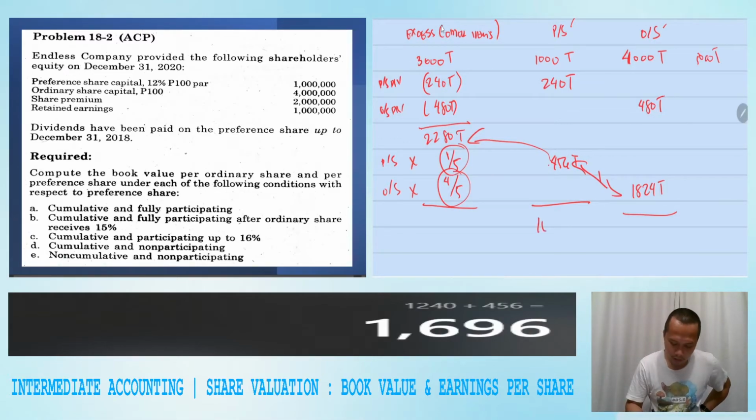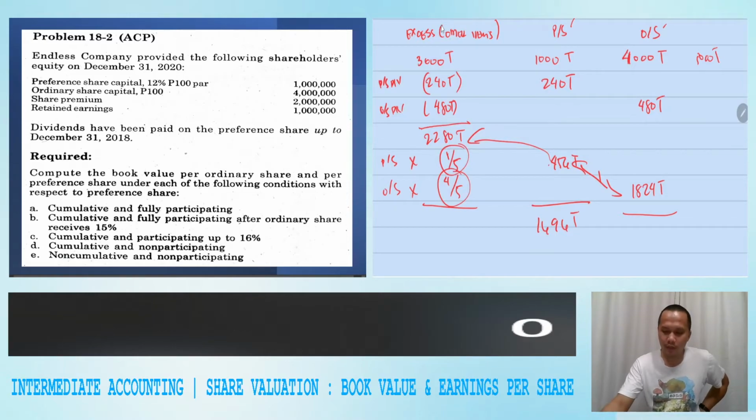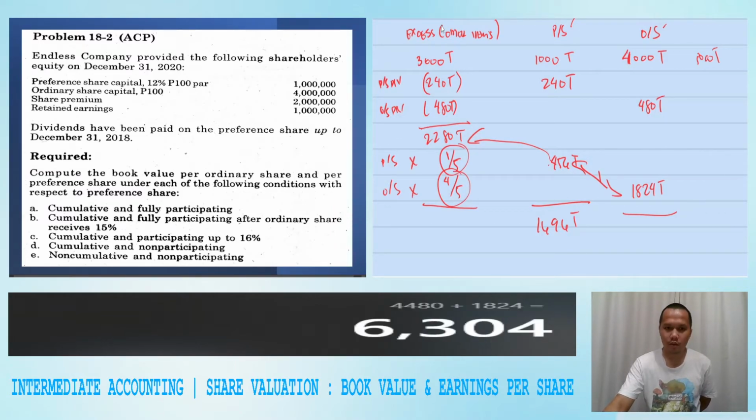So we have 1,696,000. For your ordinary share, we have 4 million plus 480,000 plus 1,824,000. So we have 6,304,000. Okay?